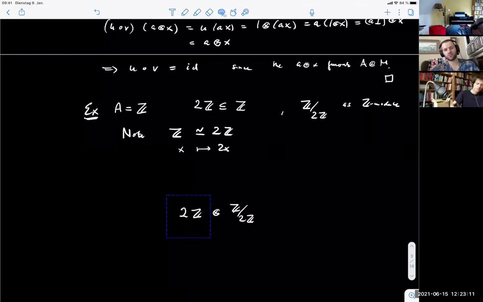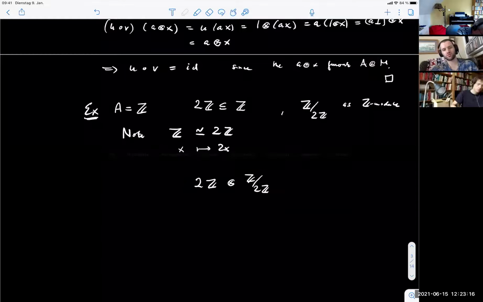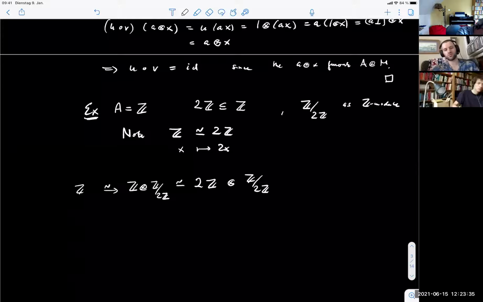So this is isomorphic to the integers tensor Z modulo 2Z. Now I use my proposition: my module M will be this, A tensor M is M, so this is isomorphic to that.